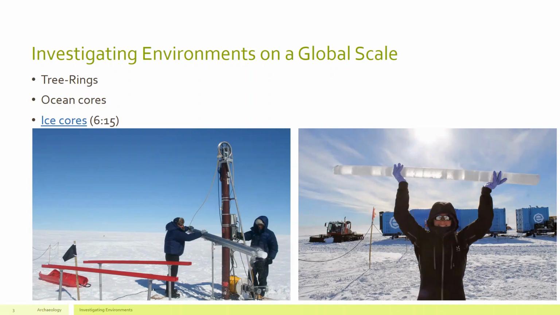And then we have ocean cores and ice cores, which operate fundamentally on the same basis or concept as tree rings, where sediments are deposited at a regular interval. For example, in ice cores, it snows every winter quite a lot on Greenland. And because it's so cold there year round, that snow accumulates year after year after year and becomes stratified in the ice sheets.